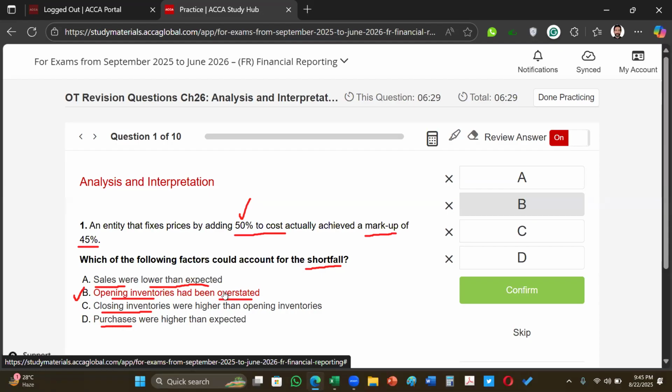So that resulted in a higher cost of sales, and when the cost of sales is higher, you have a lesser margin. On top of it, if you look at this figure, you will also see that when the closing inventories are higher, your cost of sales is low, because a bigger amount is deducted from cost of sales.